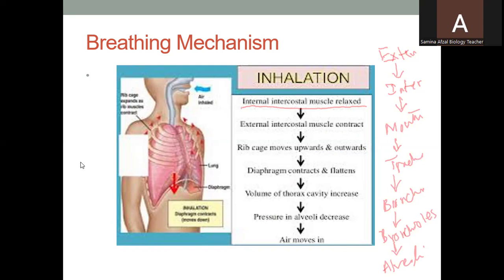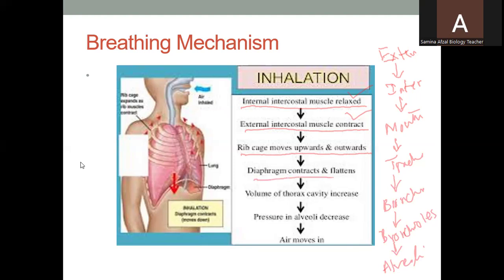So when we inhale, the internal intercostal muscles will relax and the external intercostal muscles will contract. They are called antagonistic muscles. So the rib cage moves upward and outward to give more space for air.